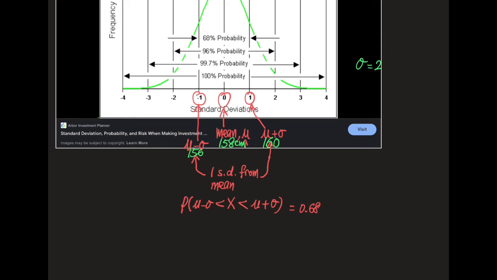The probability for the height to be within one standard deviation of the mean is 0.68.